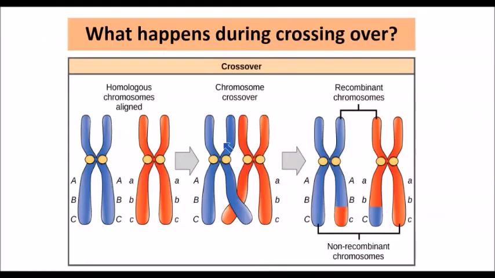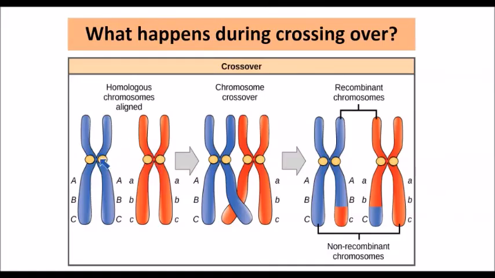So let's look a little more closely at what happens during crossing over, so you get a better idea of what's really occurring. We have our homologous pairs of chromosomes here. So 1 homologous pair of chromosomes, and you can see there are genes represented by the letters A, B, C. We have 1 chromosome from the father, 1 chromosome from the mother.